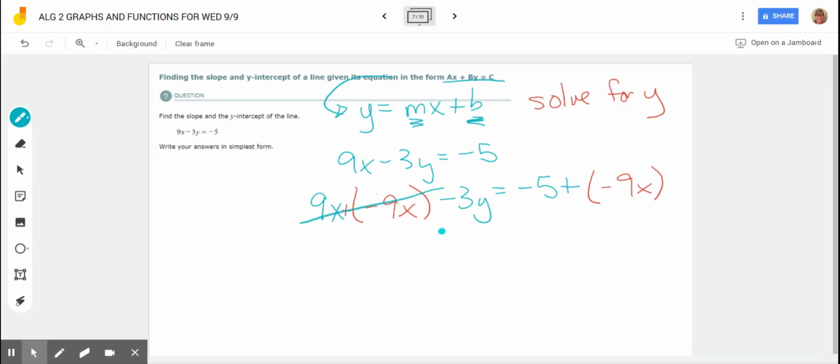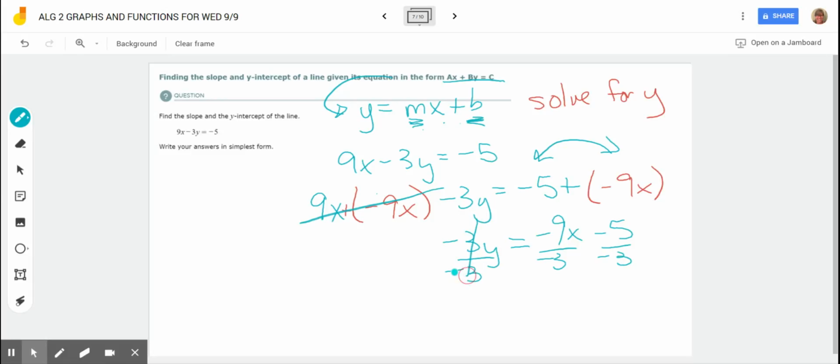This cancels out and you get negative 3y equals, and I'm going to put the x term first using the commutative property, because it matches the mx plus b. Do you see where we are? We got to get rid of the negative 3. But you have to divide everything by negative 3.